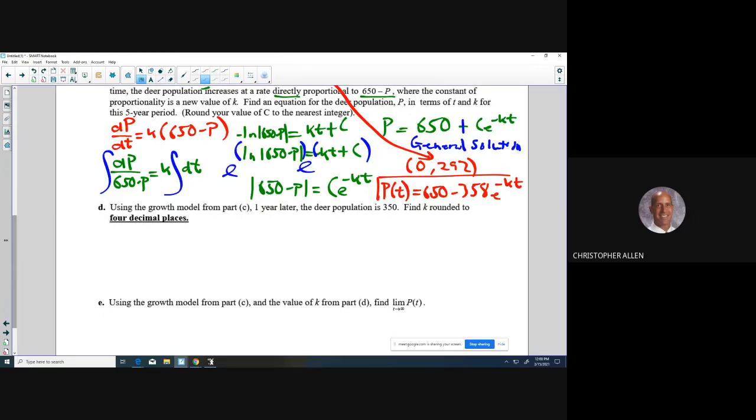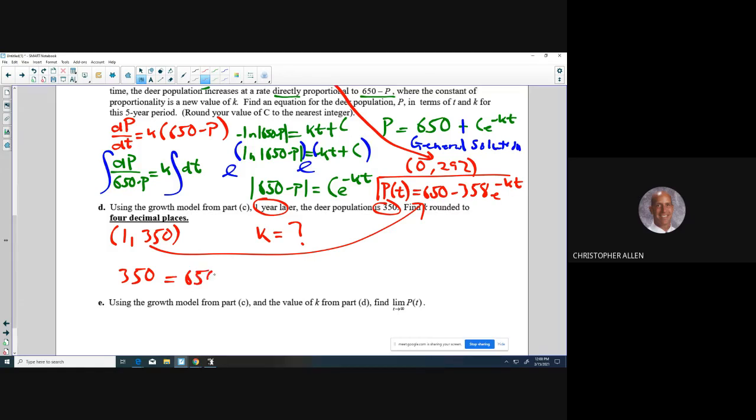And then for part D, they're telling you to find k. So they're saying year one, 350. In other words, you're going to plug 350 into this equation. You're going to get 350 equals 650 minus 358 e to the negative k.